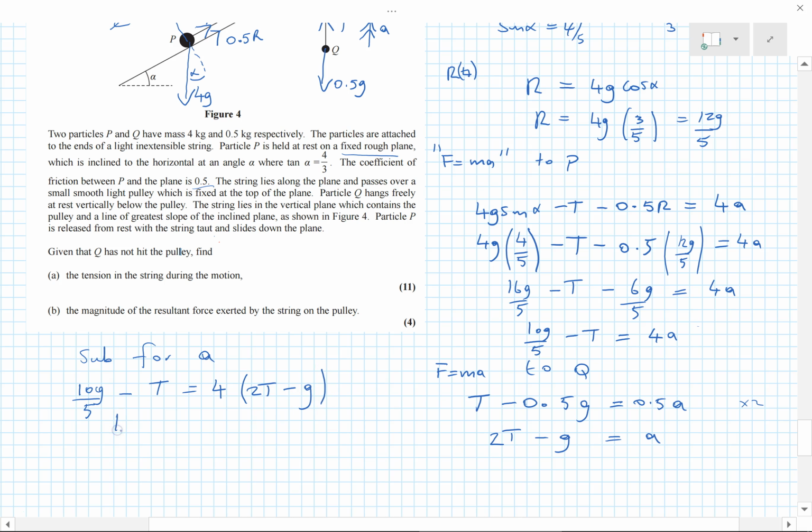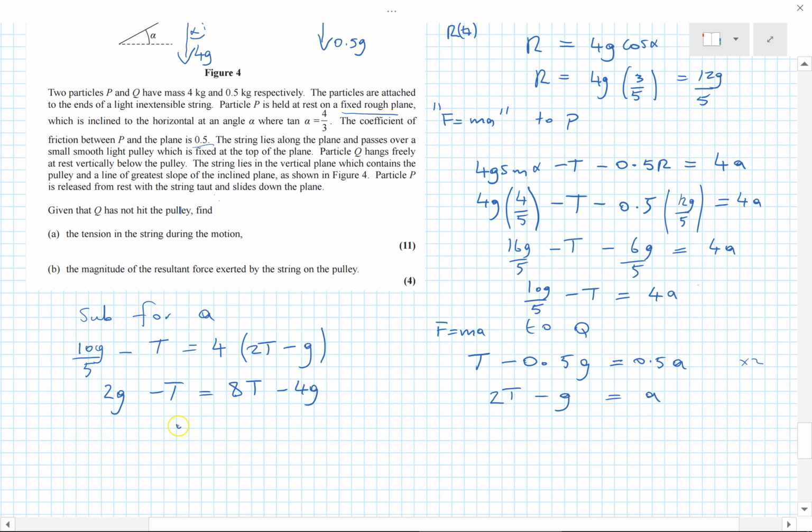So that's 10g over 5 is equal to 2g, of course. Don't know why I didn't simplify that before. 2g minus T is equal to 8T minus 4g. So that gives me 9T equals 6g. So that gives me T is equal to 6 over 9g, or 2/3 of g. And we can leave it like that.